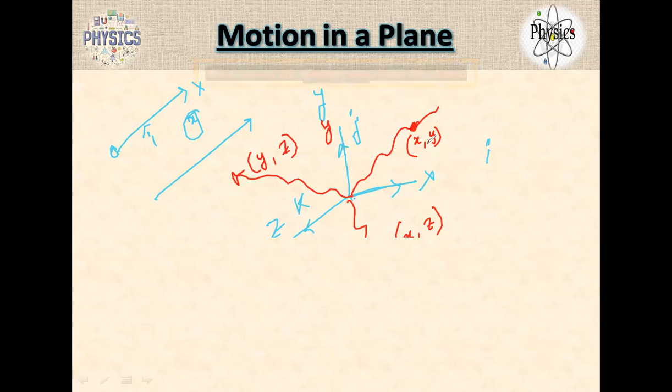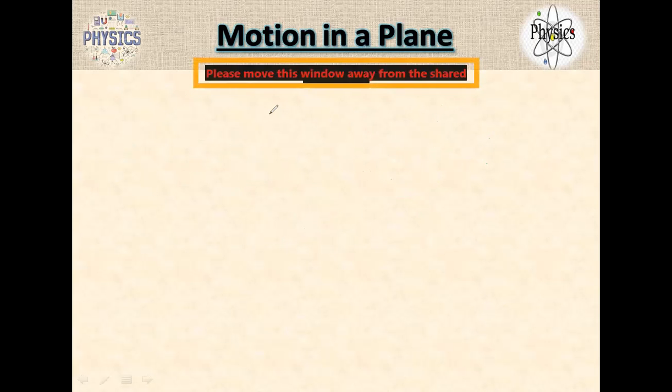So what are the examples that deal with motion in a plane? Let's say there is a plane which is x comma y.